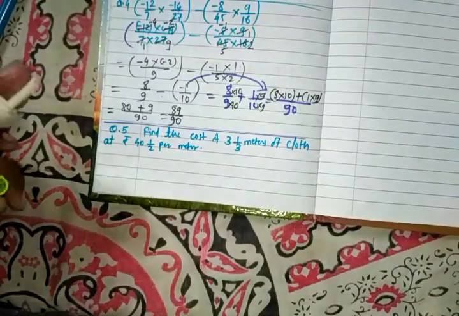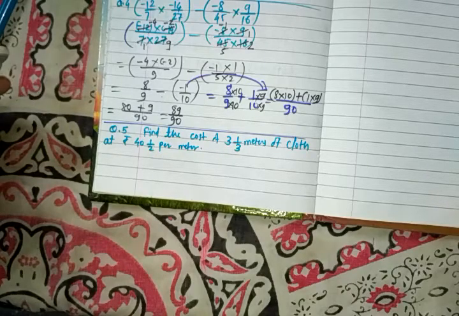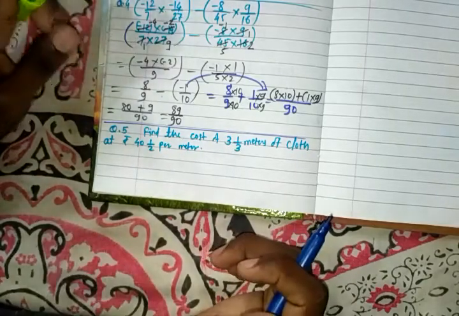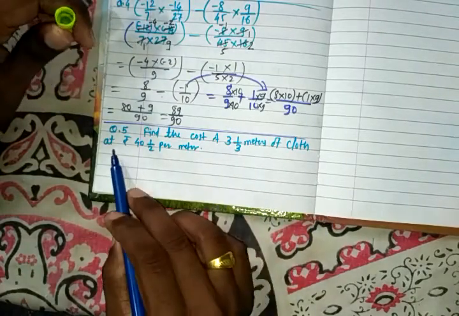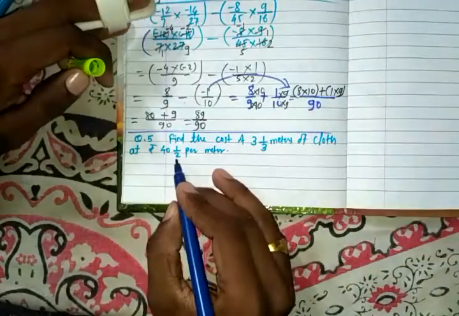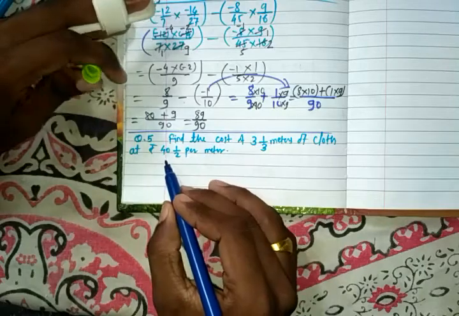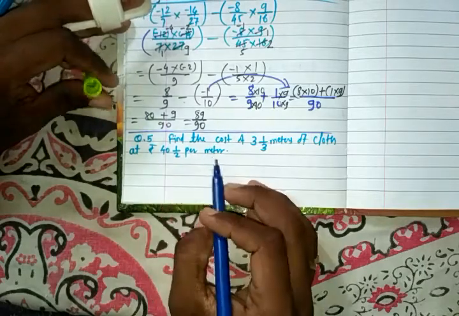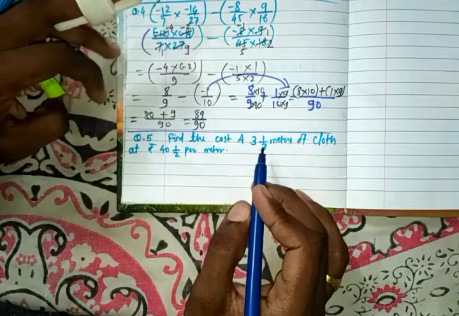Now in question number 5, we have to find the cost of 3 and 1 by 3 meters of cloth at rupees 40 and a half per meter. Means the price of 1 meter of cloth is 40 and a half rupees, and the total length is 3 and 1 by 3.